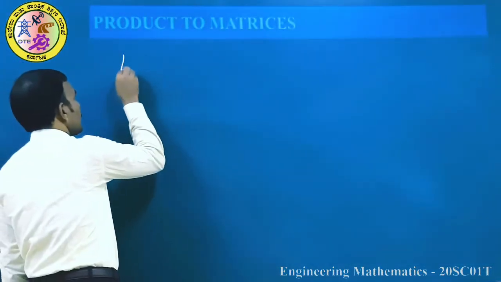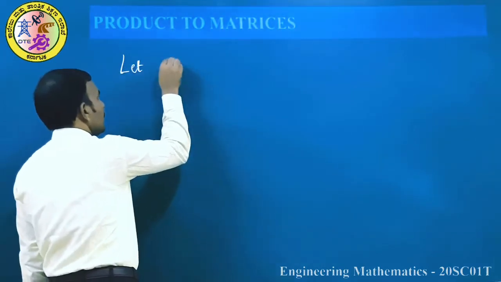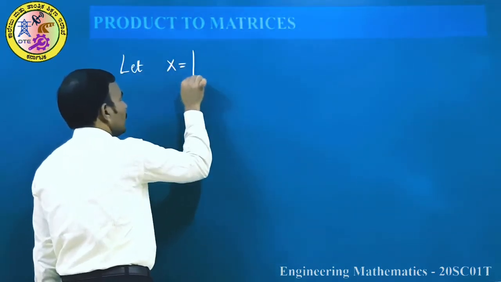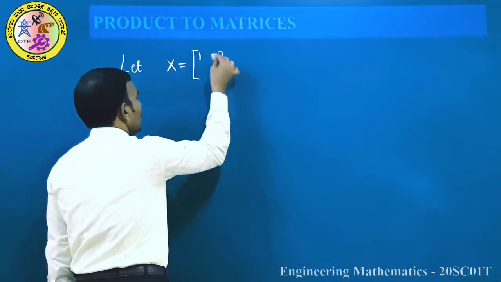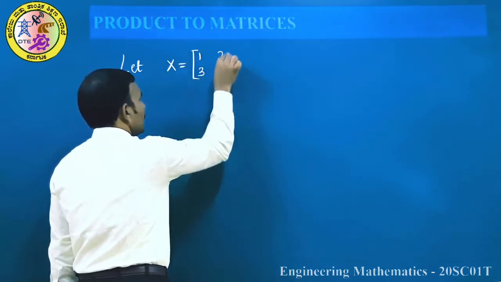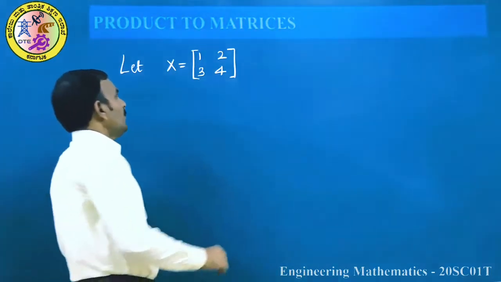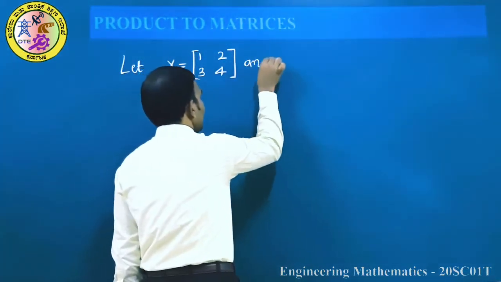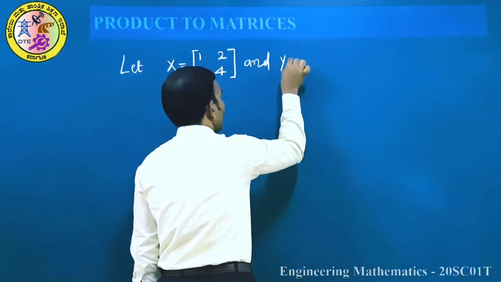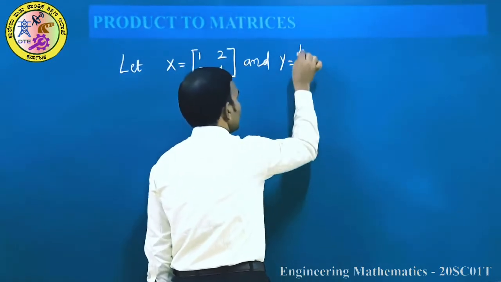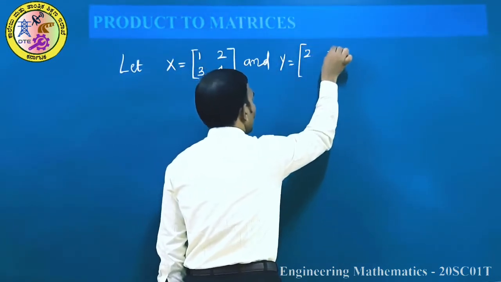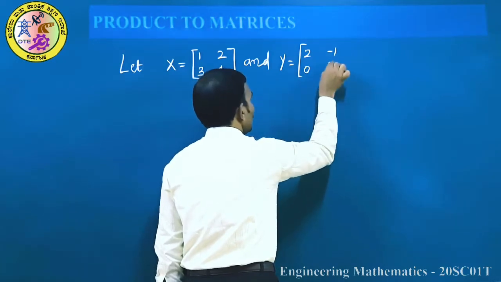Let X equal to [1, 2; 3, 4] and Y equal to [2, -1; 0, 3].